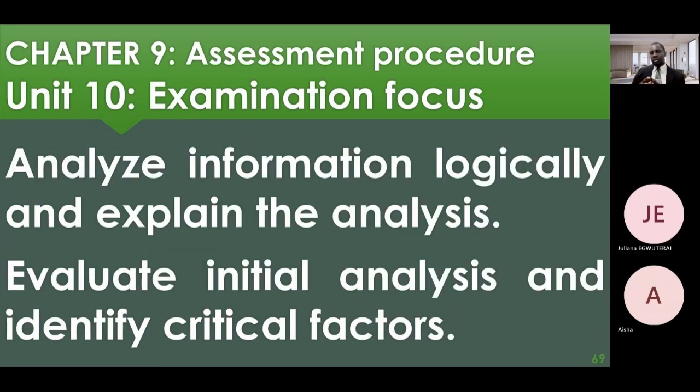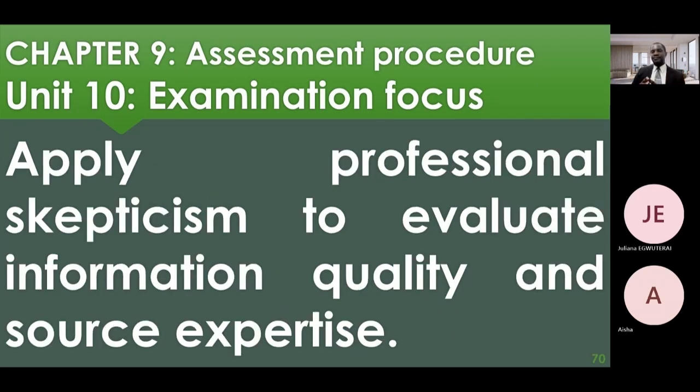Also analyze information logically and explain the analysis. When you analyze them, explaining the analysis is very key. Also explain initial analysis and identify critical factors. So under each header, whatever header you are appropriately using, do your initial analysis and speak to critical factors. This is key.